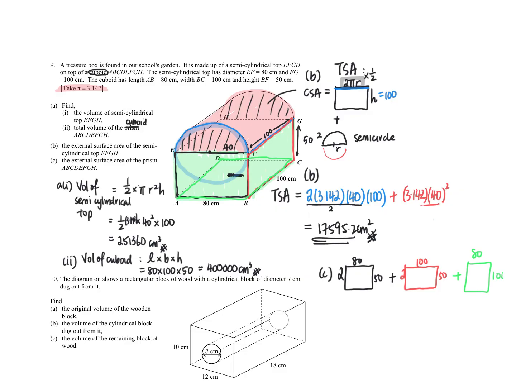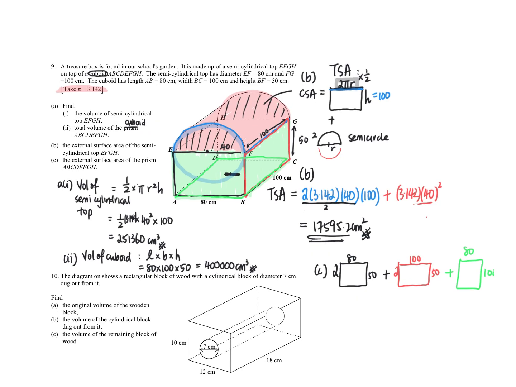So just add all this up. So 2 times 80 times 50, 2 times 100 times 50, and 80 times 100.